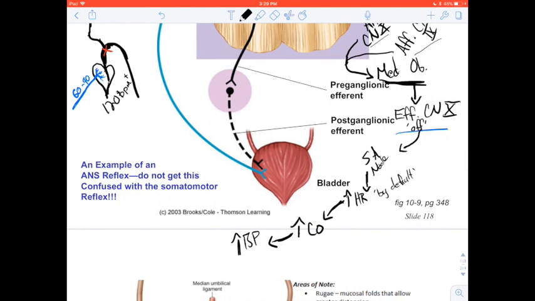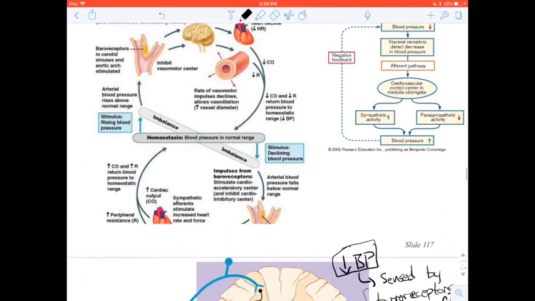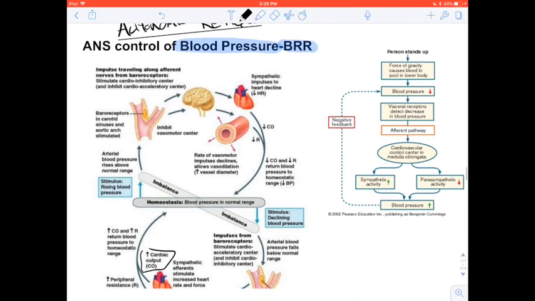Right, so that connects to the SA node of the heart, which will tell the heart rate to increase by default. Remember, no more parasympathetic signal, so the heart rate goes up by default. That's going to increase our cardiac output and then increase blood pressure. And that's how we get our cardiac output, our blood pressure, back up.